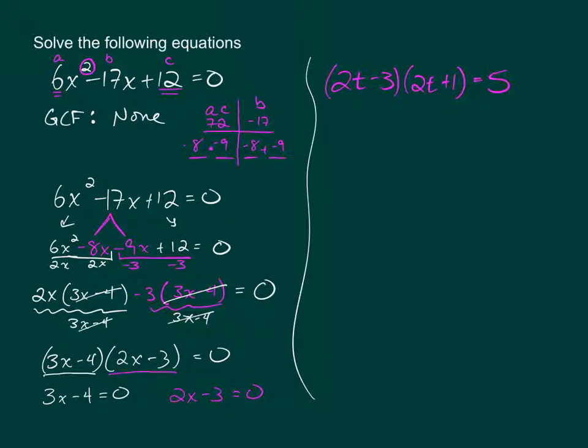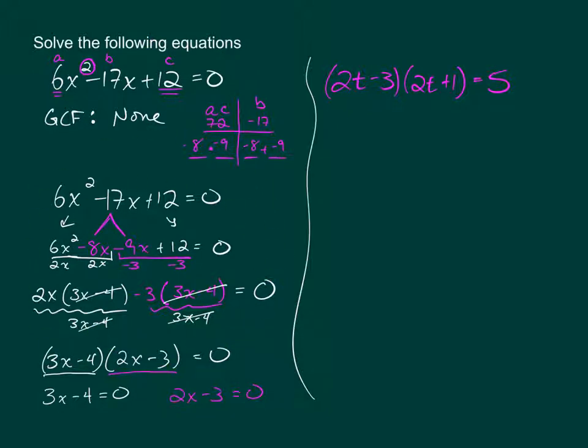So, what tool allowed us to get from this scary looking equation all the way down here into some manageable equations to solve? Factoring. I always tell students you don't have to like factoring, but if you're going to be in math classes, you need to be good at it. This skill will keep popping up over and over and over and over.